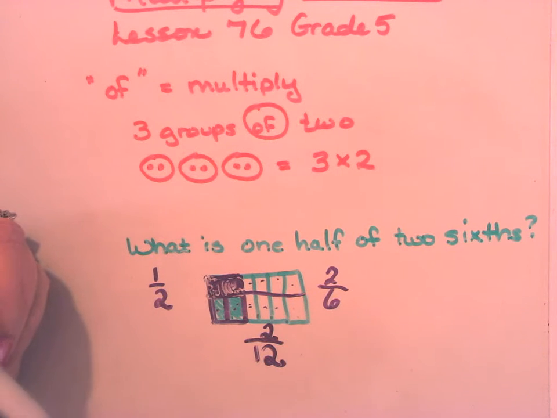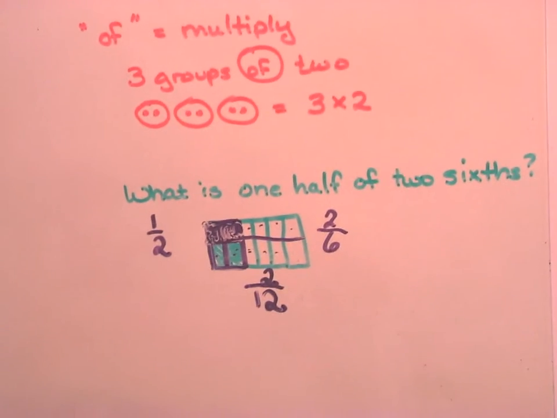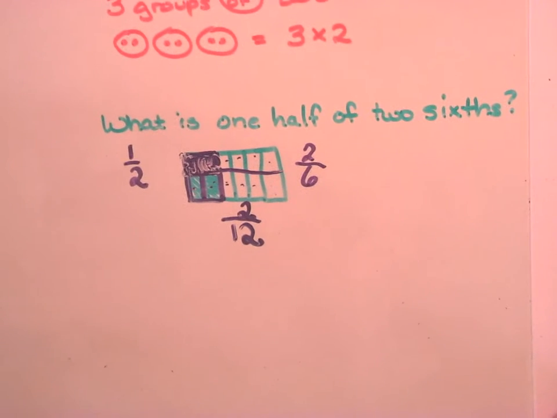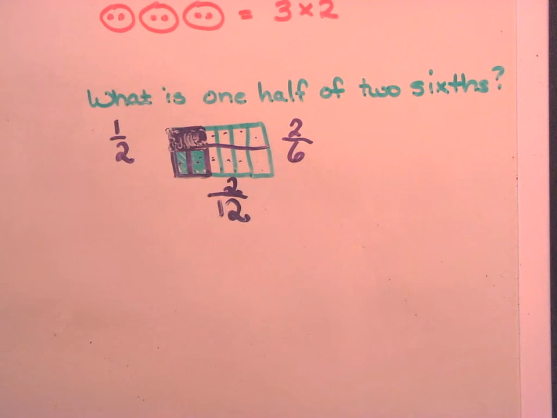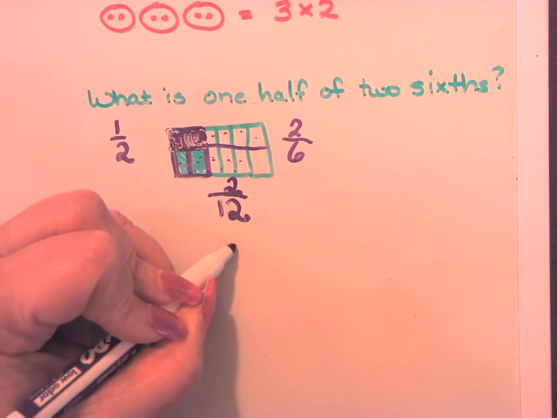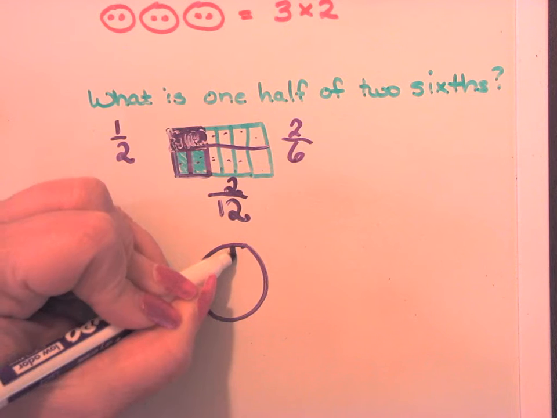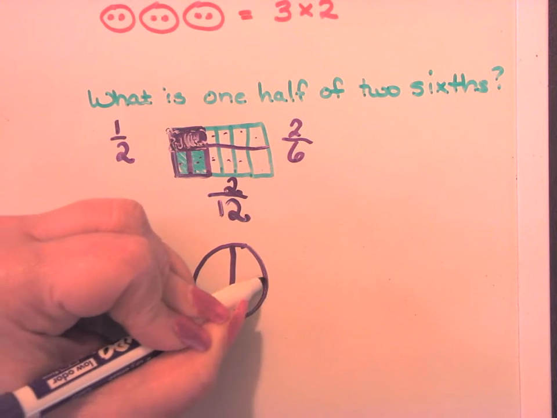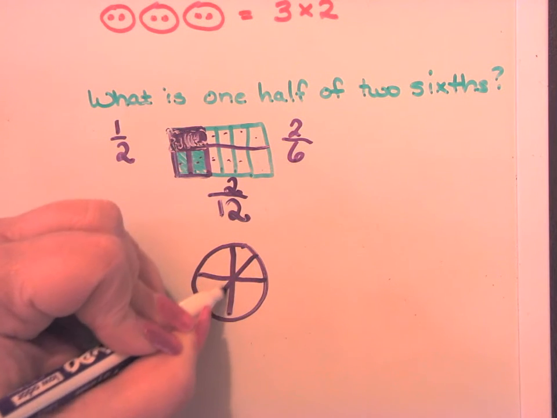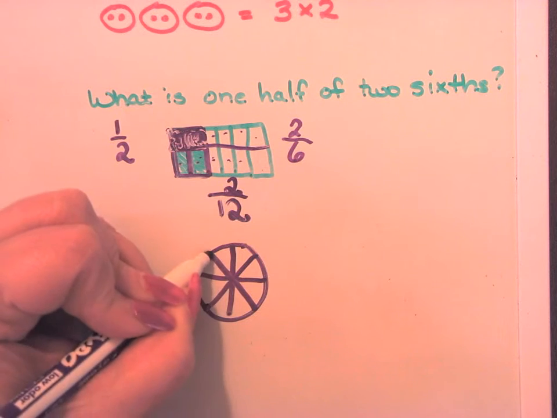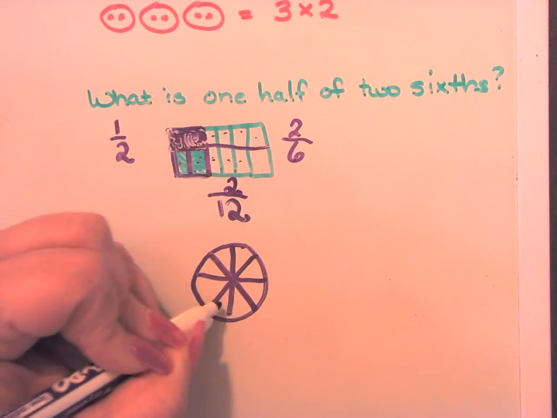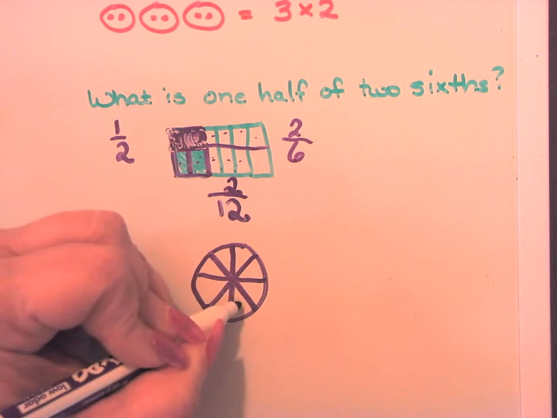Okay. So let's look at another visual, and then we'll go to the equation of how this works. So let's say I have a circle here, and we'll divide it into pieces. All right. So I have 1, 2, 3, 4, 5, 6, 7, 8, right? 2, 4, 6, 8.